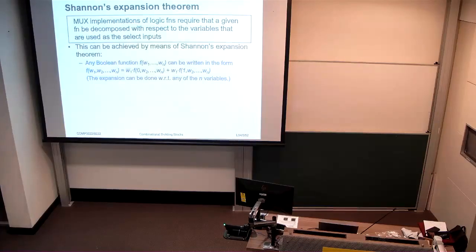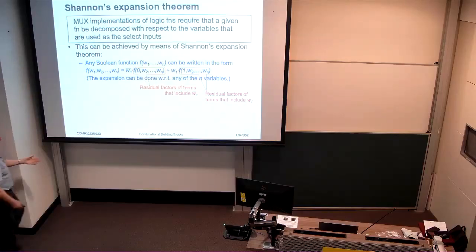So more formally, we can say that any Boolean function of n variables can be written in the form W1 bar, let's say, and the residual of all of those terms that involve W1 bar, or W1 and the residual of all of those terms that involve W1, which is what we did on the previous slide. And we'll look at this in a few more examples to see how that's done.